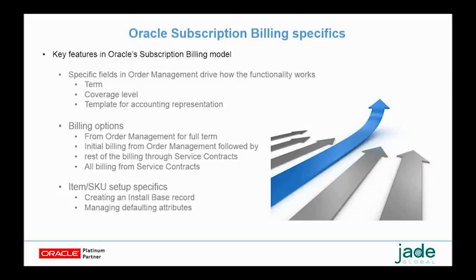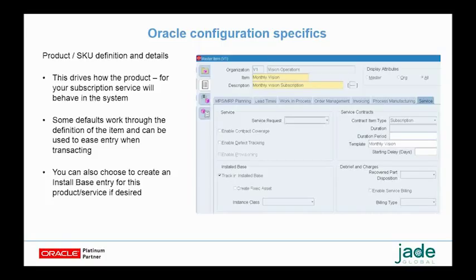By default, you could choose not to, but in case you needed to have an install-based record created, you could have that happen. Here are a couple of quick screenshots of the specific additions and configurations that need to be done. I won't talk through each of the points. They're up there. There are specific defaulting rules that can be managed, and like I said, you could choose to have it created as an install-based record if need be.